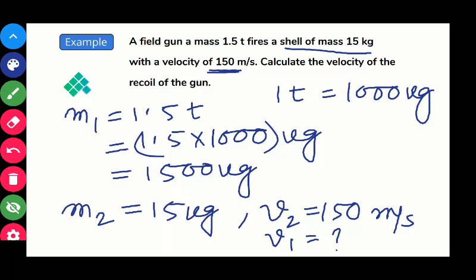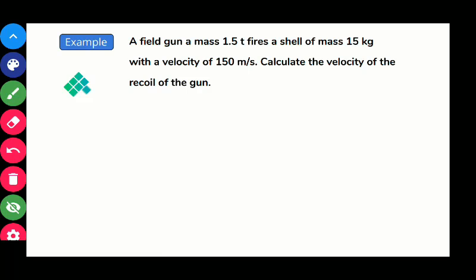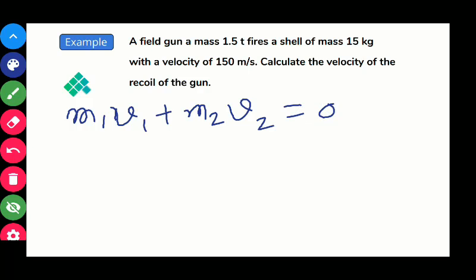Okay, now I'm just deleting all of the things here. Now according to the principle of conservation of linear momentum, as we have derived the recoil velocity of the gun, we have the expression m1 v1 plus m2 v2 equals 0, where m1 is the mass of the gun and v1 is the recoil velocity.